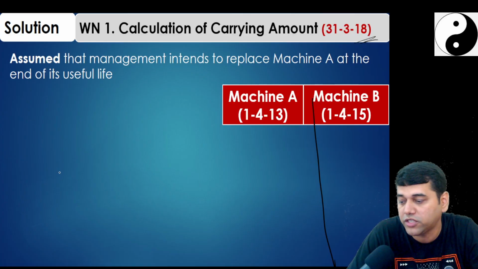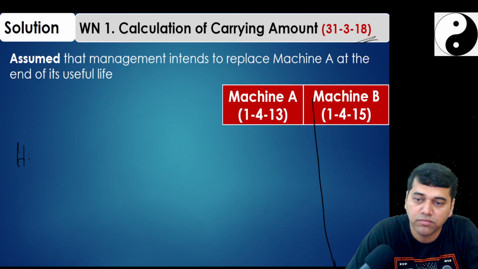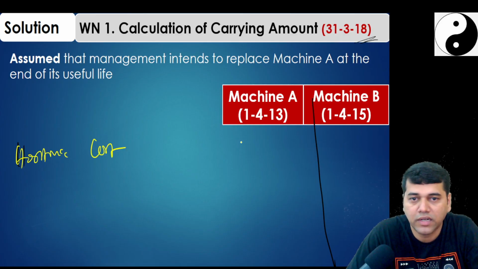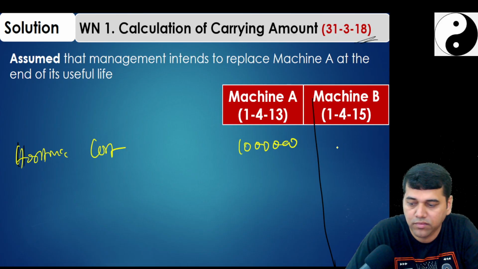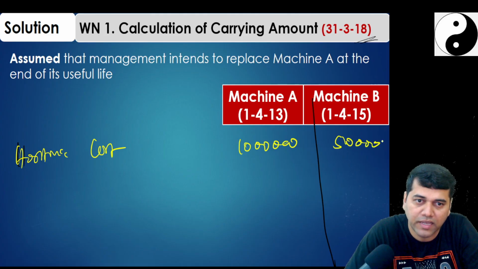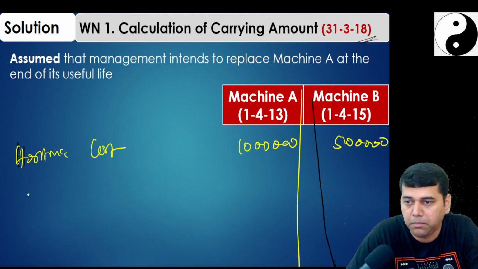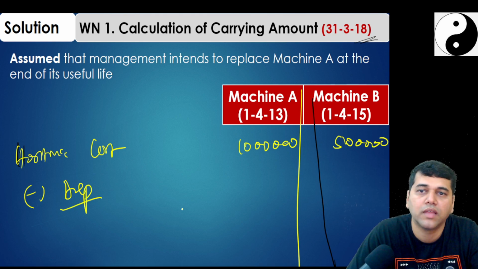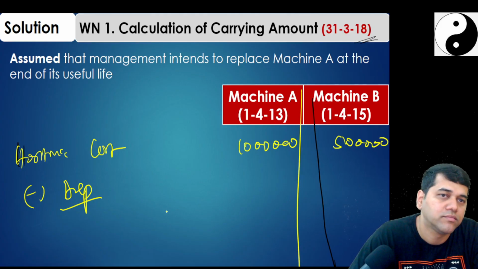No, first you calculate the historic cost. What is your historic cost? 10 lakhs, 5 lakhs, minus how much is your depreciation as on the date of impairment?